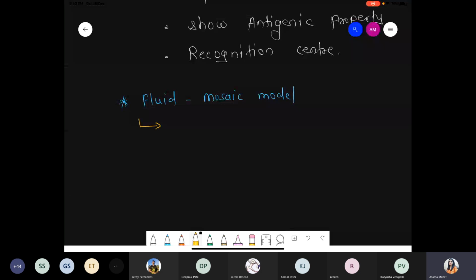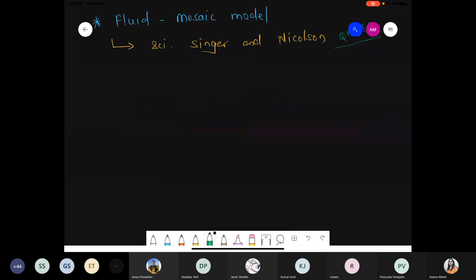It was introduced by two scientists, Singer and Nicolson. Question. It is a widely accepted model for the plasma membrane. So quickly we try to mention oligosaccharide, intrinsic protein, extrinsic protein, lipid, cholesterol, everything. So we are trying to draw such a structure. Lipid has a head part and a tail part.